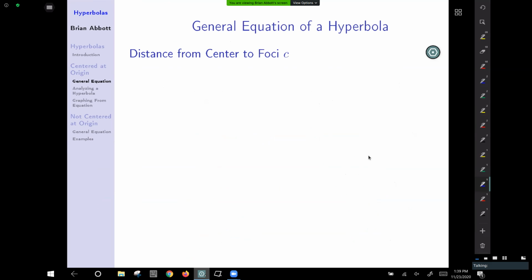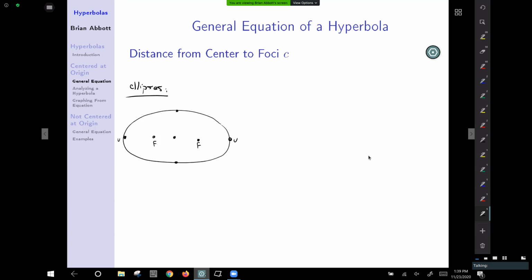Okay. So let's talk about this distance from the center to the foci, C. It's just like ellipses. And so we're going to actually review ellipses here. The only difference is that our triangles are labeled a little bit differently. So for an ellipse, we had two foci in the middle, and we had vertices on the outside, and then we had minor vertices here. I'm going to try and use the same colors here. So here, I need the center in there.